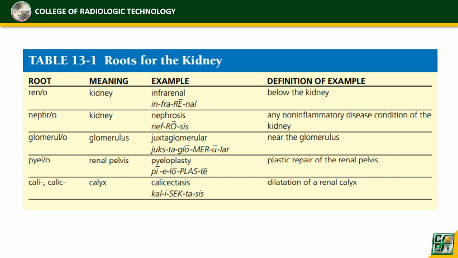So when the renal calyces constrict, lumiit yung daluyan ng urine or nagkaroon siya ng obstruction o bara.